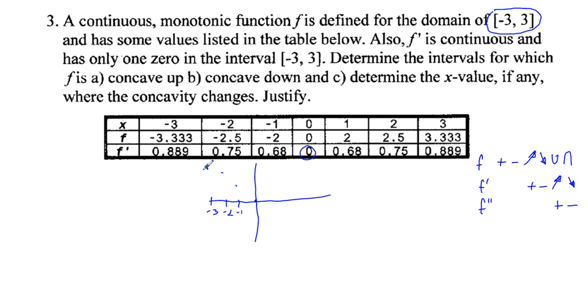Okay? So this is what f prime is doing. Monotonic, coming down. All right, and then to the right of 0, where x equals 1, we are here at 0.68, and then we are at 2, we're at 0.75, and at 3, we're at 0.889. So we're going up like this. Okay? So this is going to be an estimation of f prime of x.